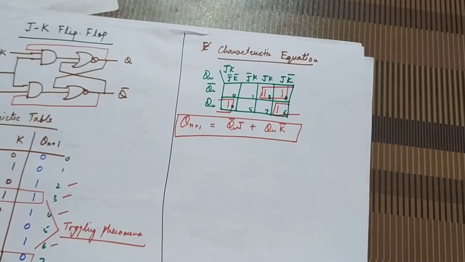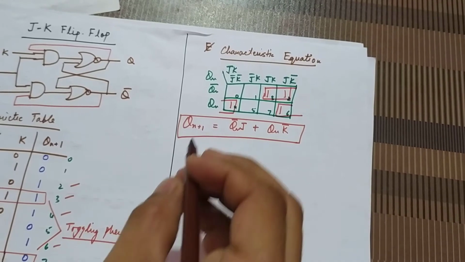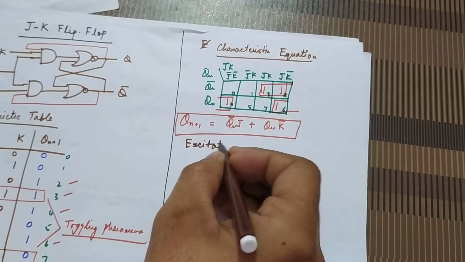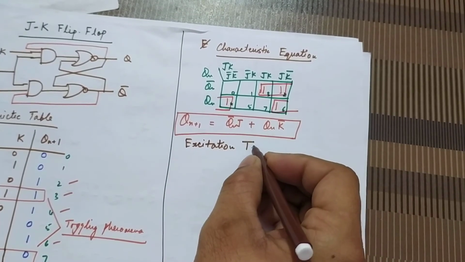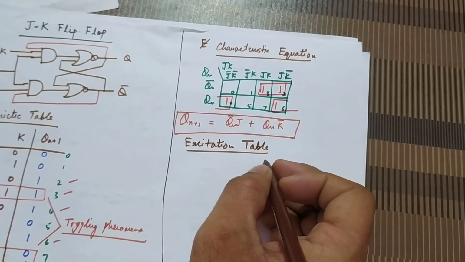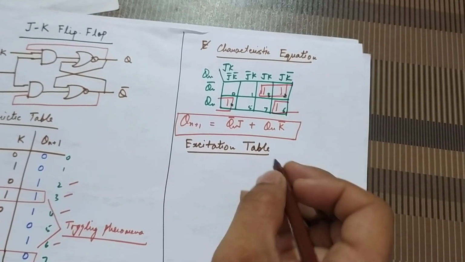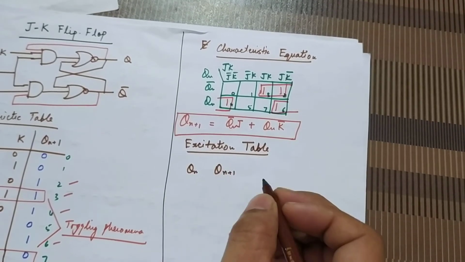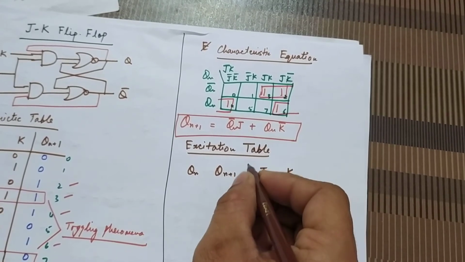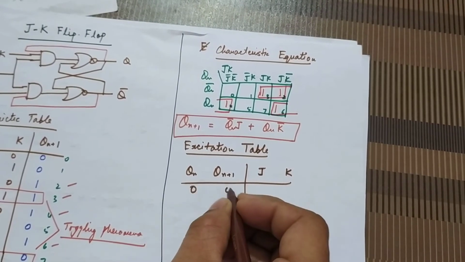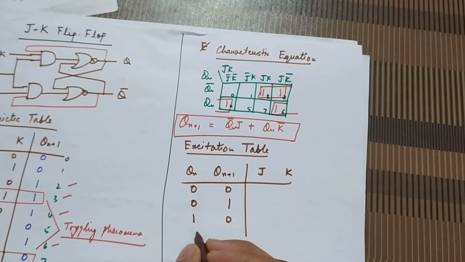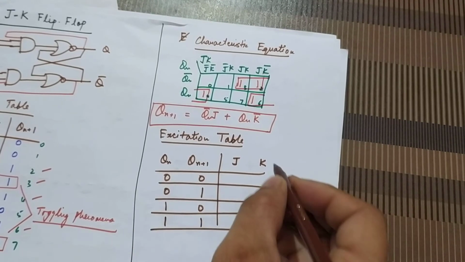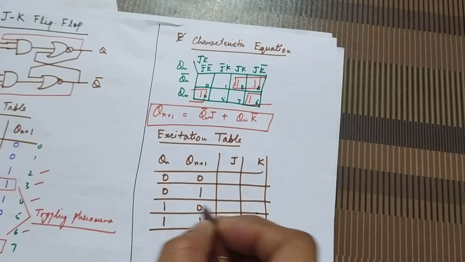Okay. Now as far as the excitation table is concerned, in the excitation table we have the present state, that is Qn, the next state, and J and K are the outputs, with values 0 0, 0 1, 1 0 and 1 1. Okay, so we have to look out for these values.